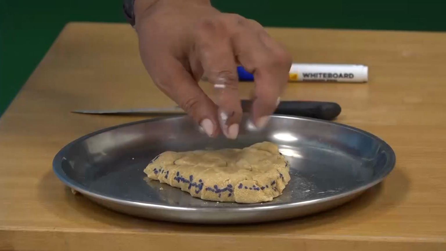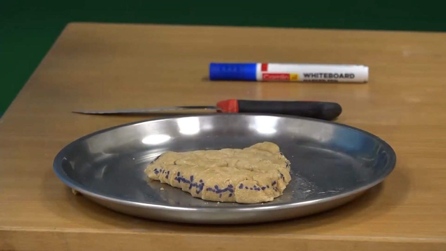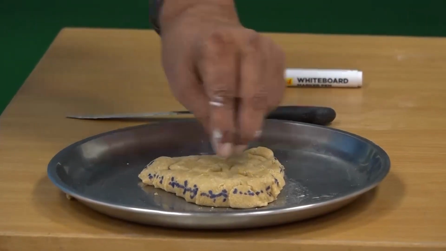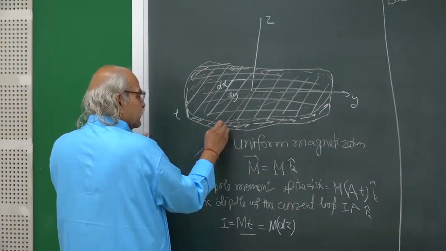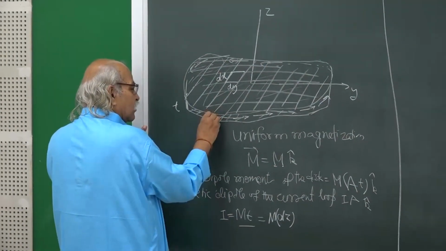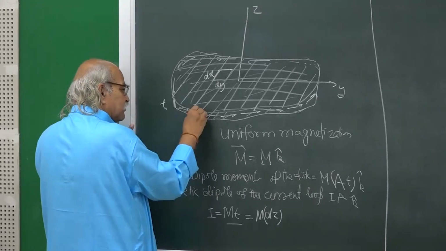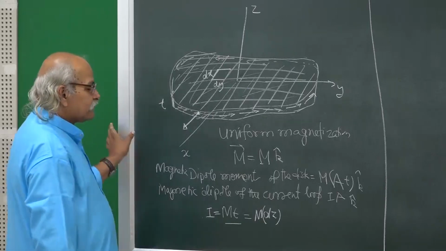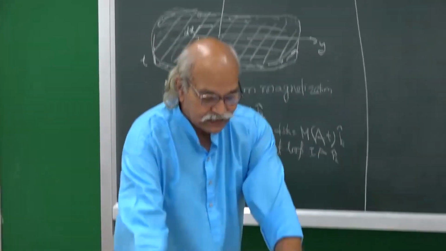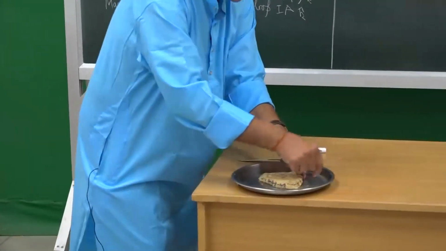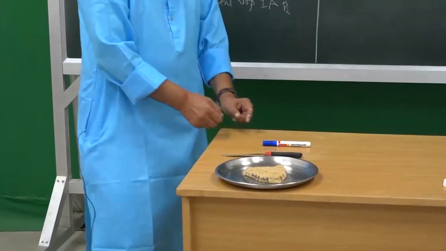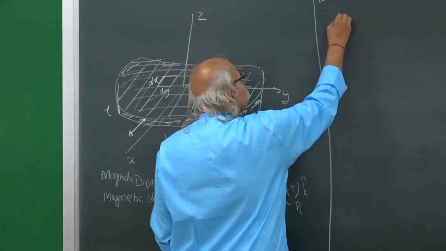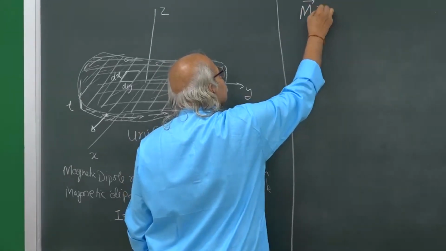If you take the directions, this M is in the z direction, and then you have the x direction and y direction on the surface. If you are somewhere here, let us say on this thickness, and draw a perpendicular to this, it will be like this. So the perpendicular is like this, here this is perpendicular, here this is perpendicular, and see what is the direction of M cross n cap.